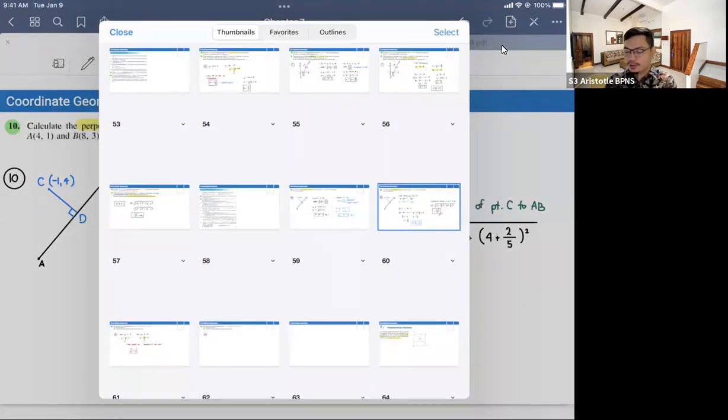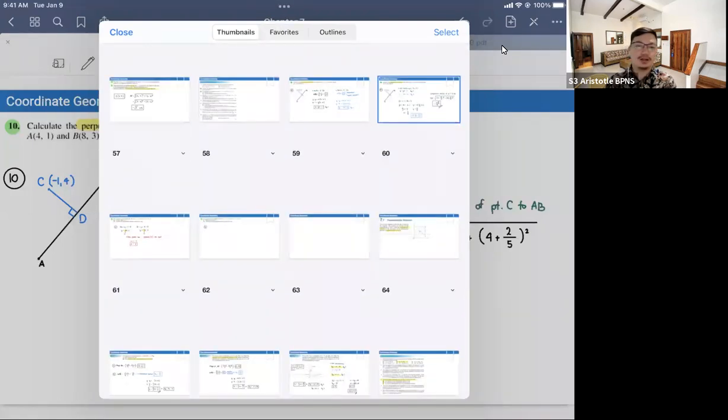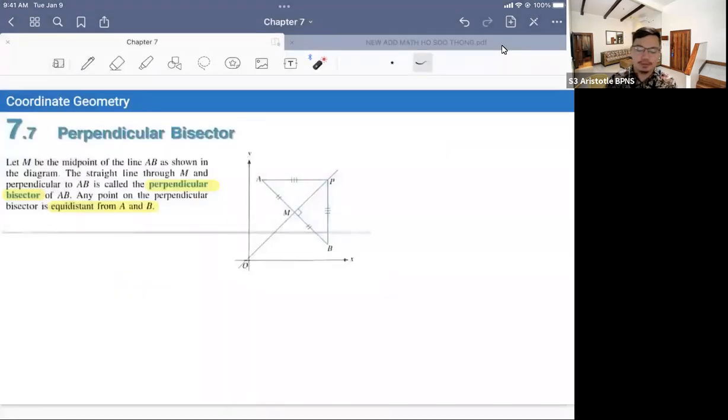Okay, so now let's jump to the second to the last topic on chapter 7, which is about perpendicular bisector. Now, back in Sec 1, do you still remember Sec 1? You were asked by your teachers to draw lines, right? Using compass, protractors, pencil, rulers, everything. One of the things that you drew there was called perpendicular bisector.